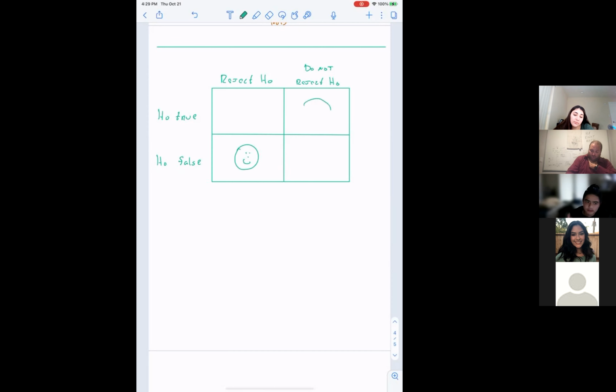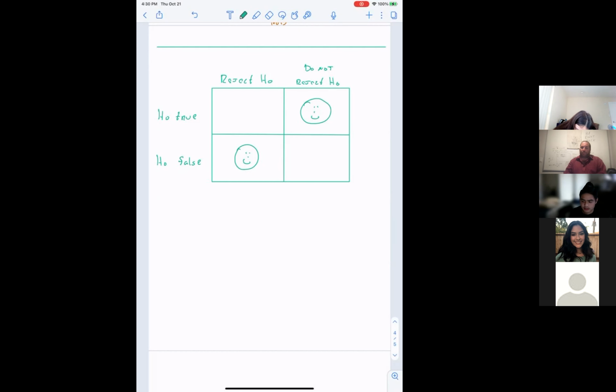No, that's a good call. Those are both great calls. Because we don't know if it's true or false, so we'll never know if we made a good call or not. But conceptually, rejecting it when it's false and not rejecting it when it's true are good things to do.